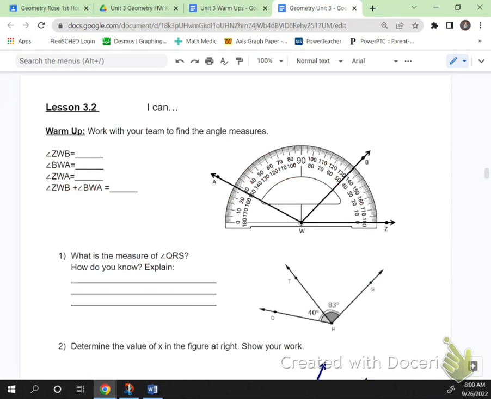Today I can add angles and use angle addition to solve for unknown values.